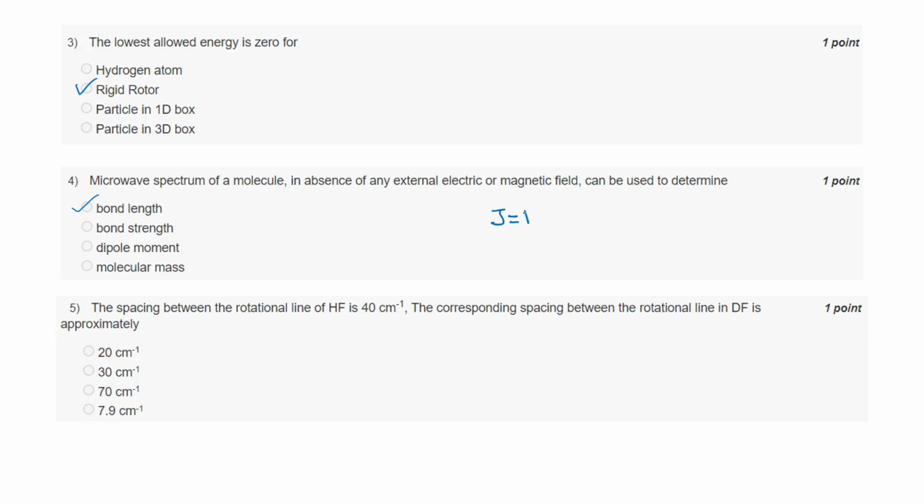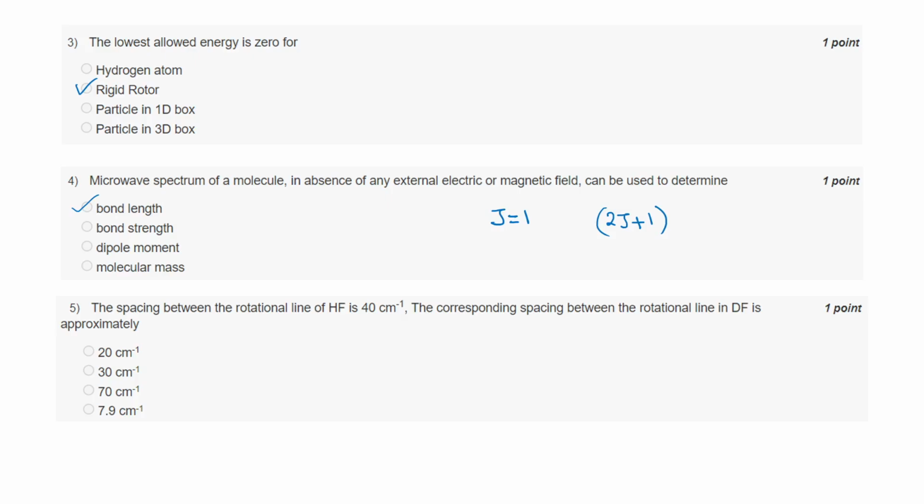So what is the degeneracy of this rotational state? Only one? No, the degeneracy is 2J plus 1, because there are 2J plus 1 number of states in J.